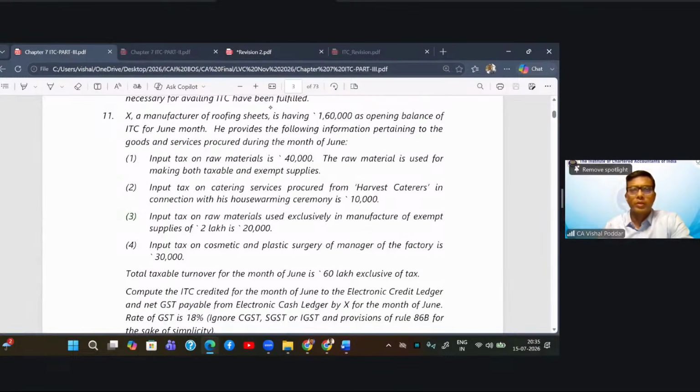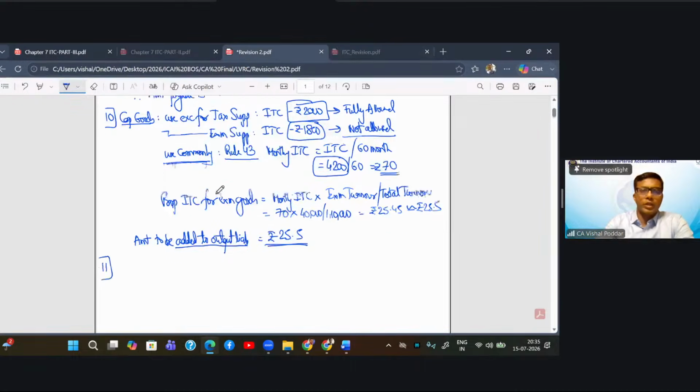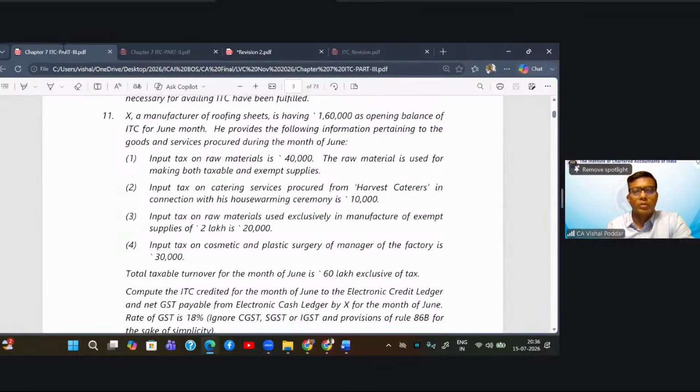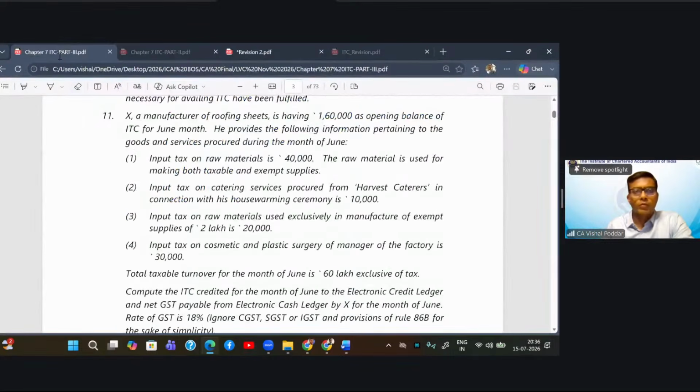So here we have to first find out. So 1, 2, 3, 4. 140,000 taxable and exempt common. Okay. 10,000 housewarming is blocked.